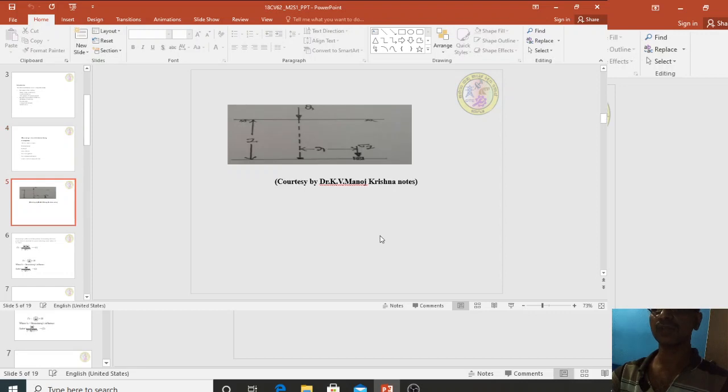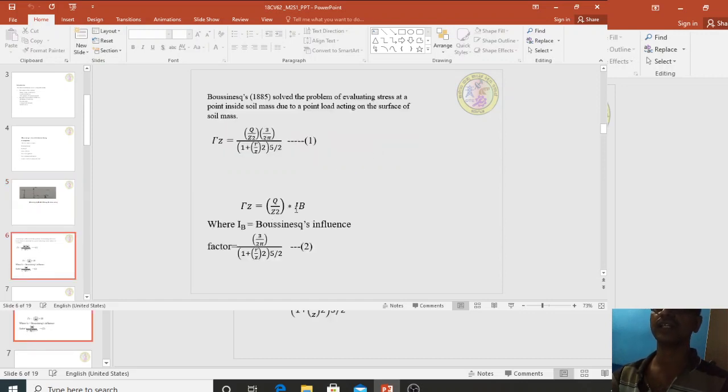With these assumptions, he has put forward one equation. That equation is based on this sketch. When a load Q in kilonewton is acting on the surface of the soil, at a depth Z below the ground level, if I want to calculate sigma Z, that is the stress at point Z, or some radial distance away from the load application point, then Boussinesq in the year 1885 put forward an equation.